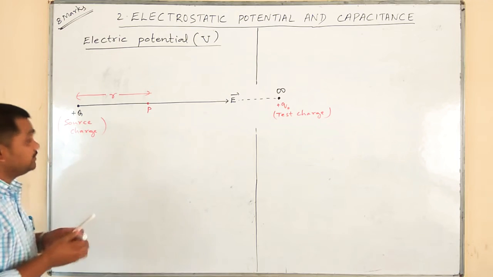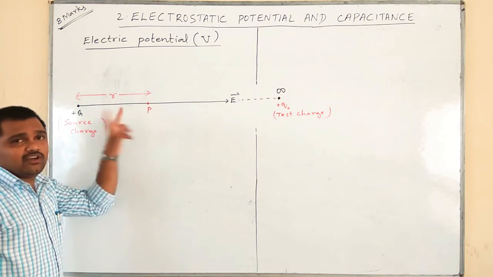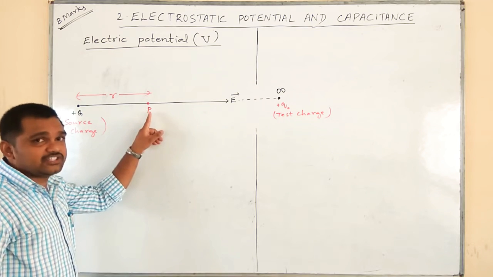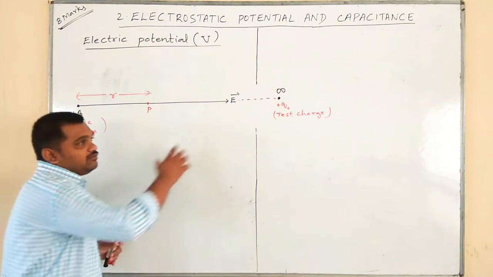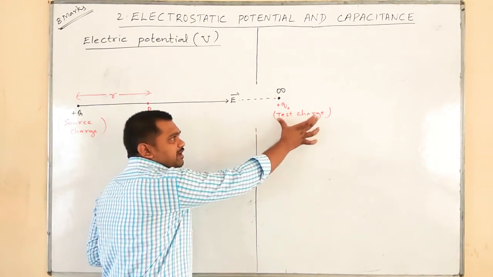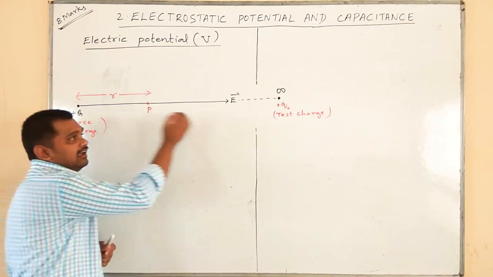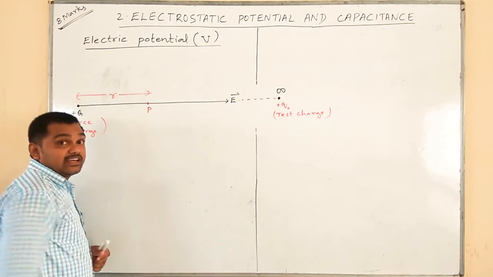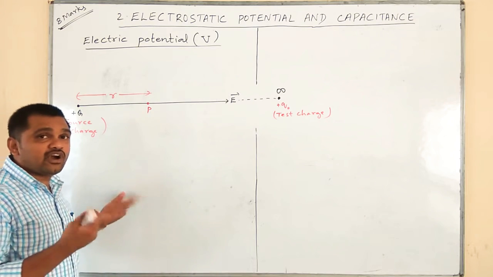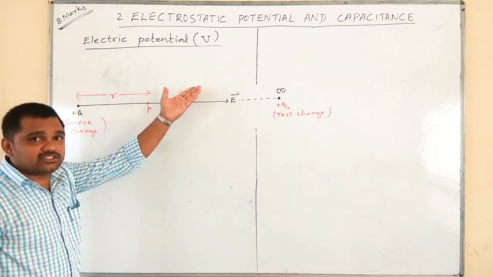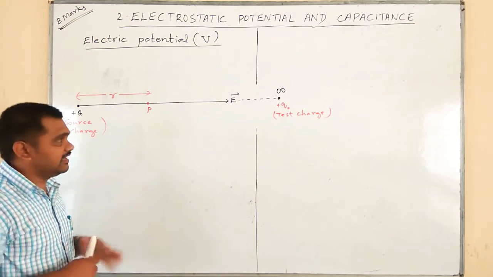Now, our intention is to know the value of electric potential at this point P. For that, we have to bring this unit positive test charge from infinity to this point against the field direction without any acceleration. When there is no acceleration, the other forces on that charge will be 0.